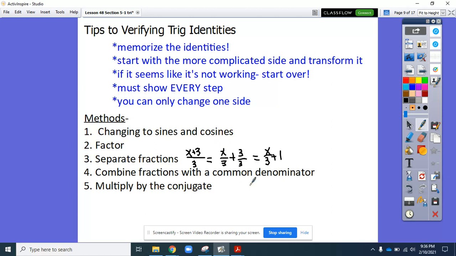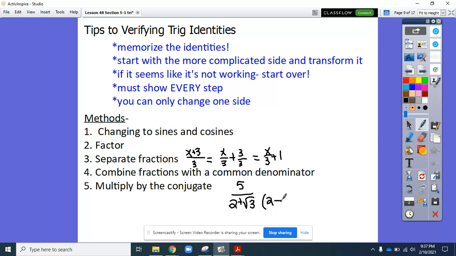Combining fractions with a common denominator is really like going backwards, right? If you start with 2 terms, you can combine them with a common denominator. And the last one is multiplying by a conjugate. Remember what conjugate means. If I have 5 over 2 plus root 3, how do I simplify that when we're in radicals?